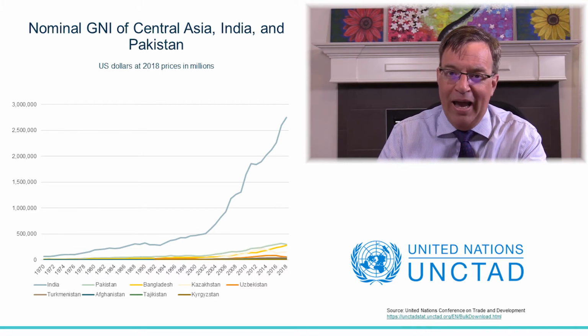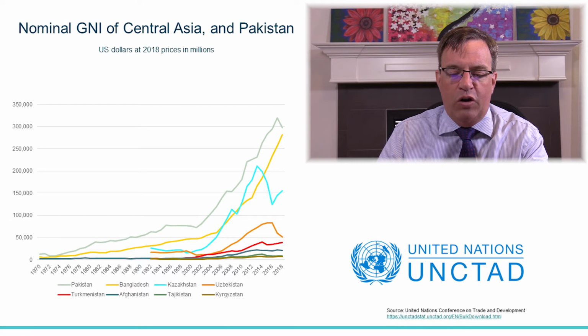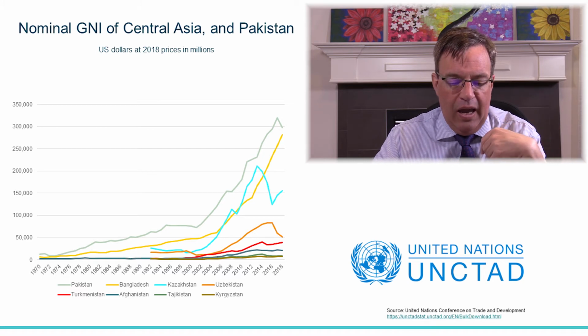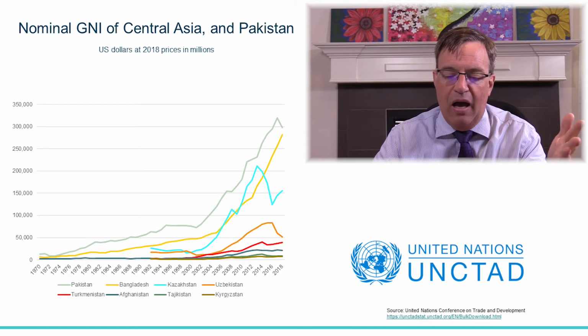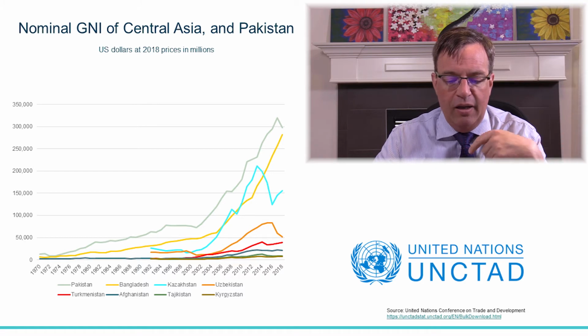But I'm going to take India away now so that we can have a better look at the rest of Central Asia, and clearly Pakistan is a major player once we pull India out, and Bangladesh, and then Kazakhstan as a major player in Central Asia.